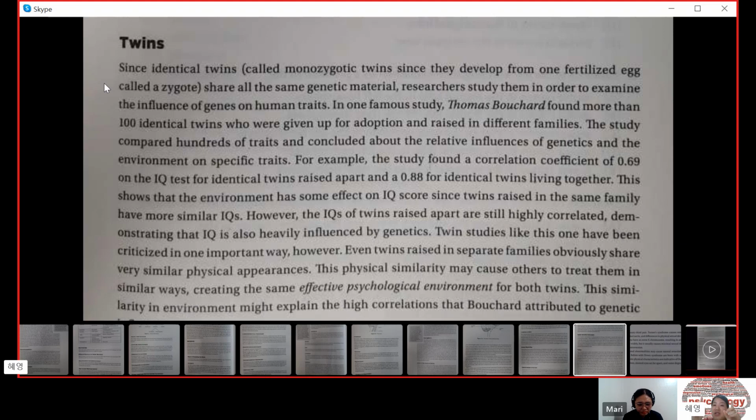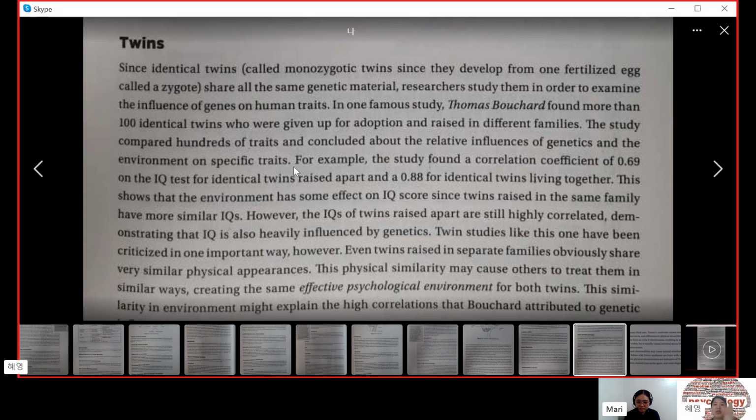In one famous study, Thomas found more than 100 identical twins who were given up for adoption and raised in different families. The study compared hundreds of traits and drew conclusions about the relative influences of genetics and the environment on specific traits.